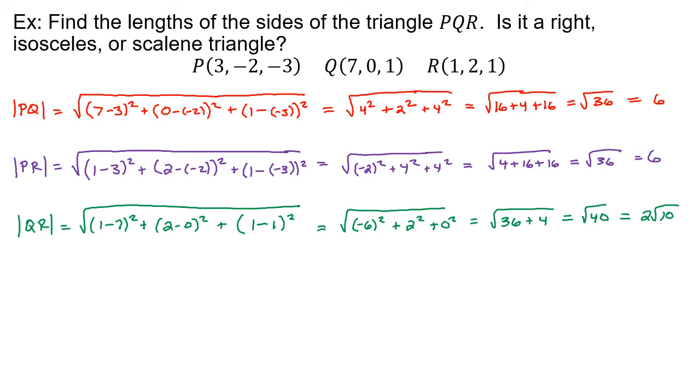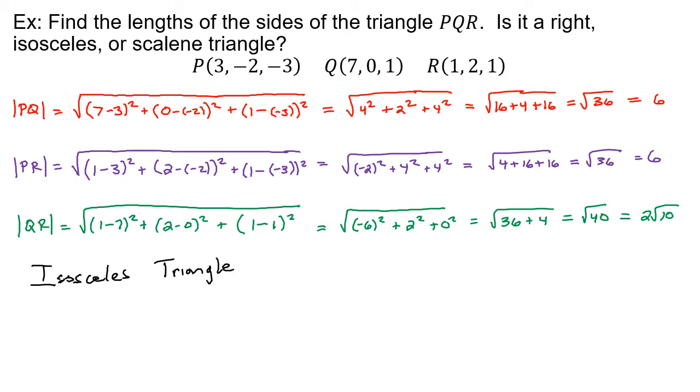And so this right here says I have 2 sides that are the same and 1 side that is different. 2 sides that are the same and 1 that's different tells you that you have an isosceles triangle. That's a hard word to spell. It's an isosceles triangle.